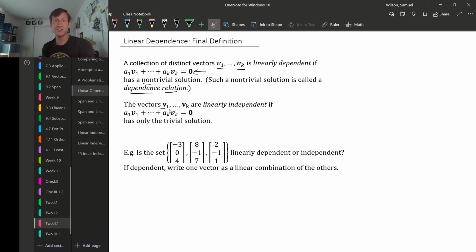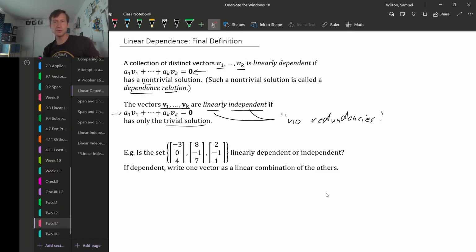If the only solution to this equation is the trivial solution, then we will say that this collection of vectors is linearly independent. And remember, linearly independent should mean no redundancies when we take a span.